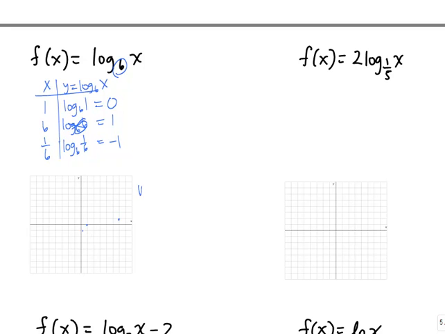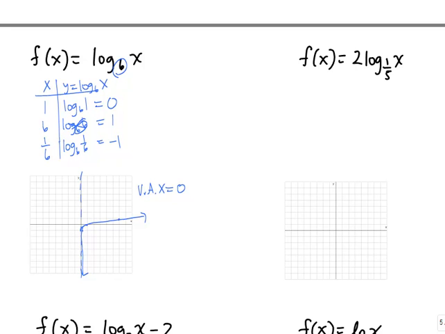Remember, this is going to have a vertical asymptote at x equals 0. That's not going to be shifted at all because we didn't have any horizontal shifts. So we're going to have that dashed vertical line through the y-axis that we don't want to cross. We're going to skim that going down, and then on the right we're going to rise up slowly like that.